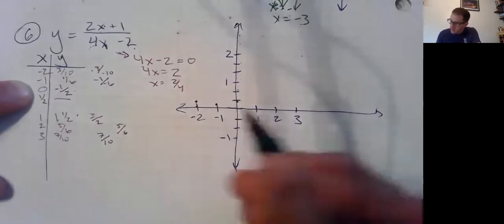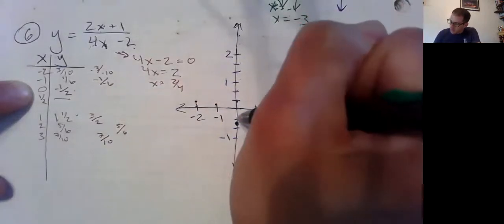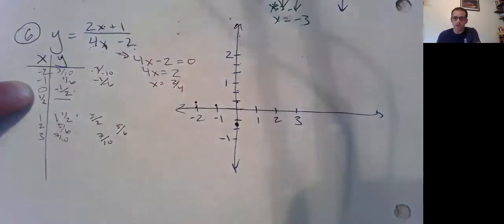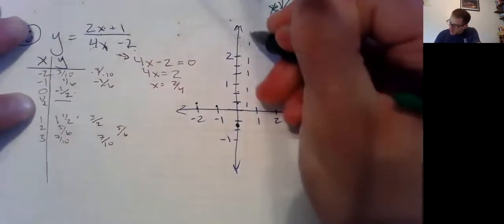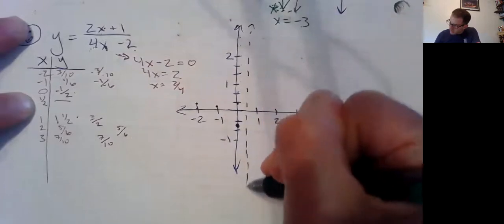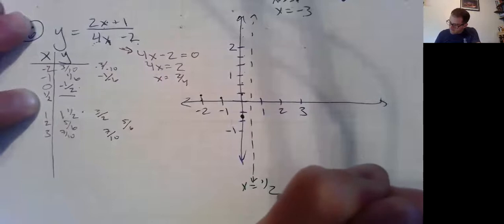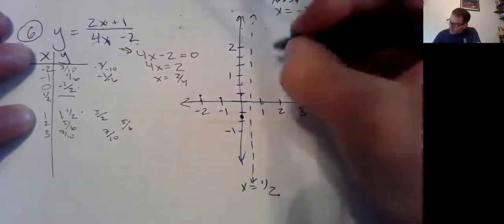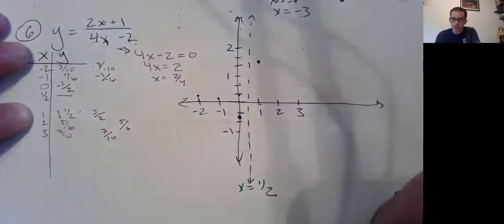And then 0, -1/2 is halfway between -1/3 and -2/3. When x equals 1/2, I have my vertical asymptote. All right, that makes me feel a little bit more comfortable. 1, 1.5. Well, that's halfway between a third and 2/3.